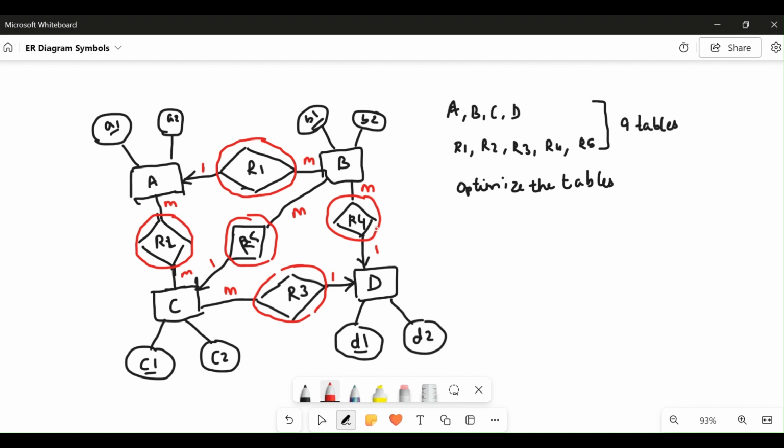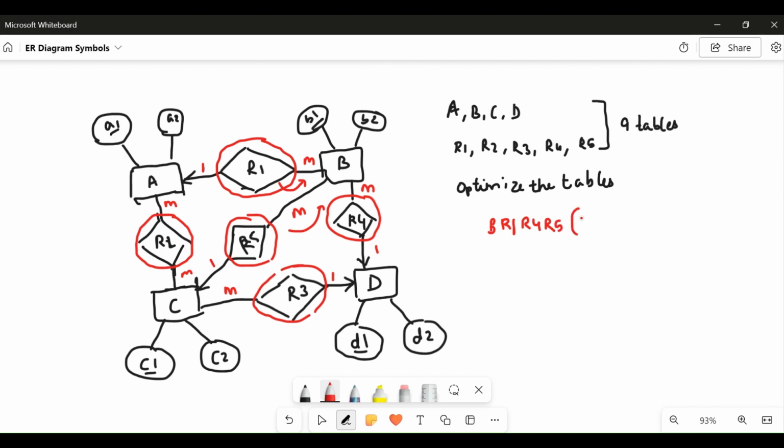So what we do, we try to club a relationship towards the entity which shares the many type of relationship. So R1 will be clubbed with B, R5 will be clubbed with B, and R4 will be clubbed with B. So I'll have B, R1, R4, and R5.